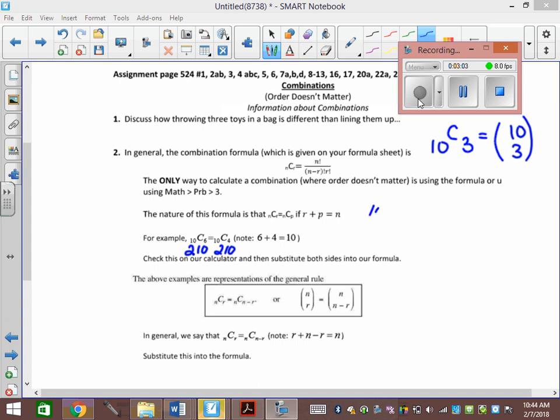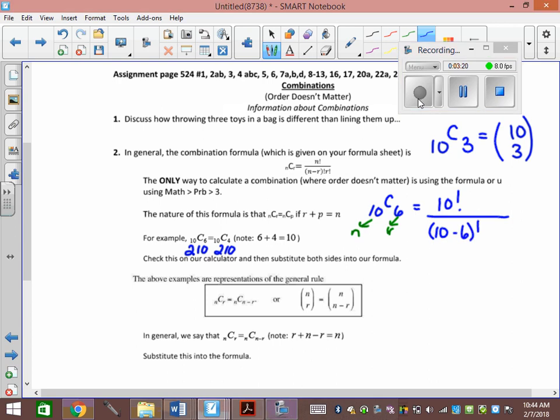So if I do 10C6, this is my n, this is my r, so wherever I have an n or an r, I fill them in. So I'm going to have 10 factorial over 10 minus 6 factorial, times 6 factorial.